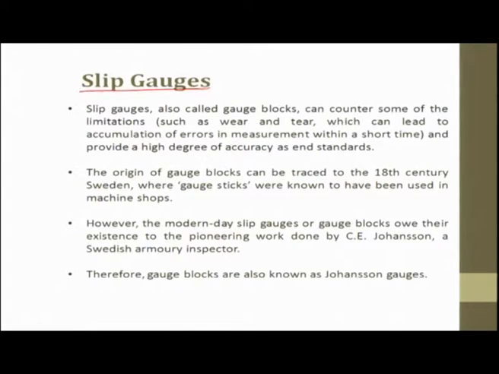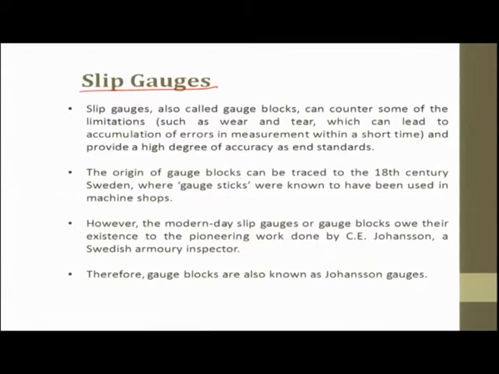Next, let us move on to slip gauges, also called gauge blocks, which can counter some of the limitations such as wear and tear, which can lead to the accumulation of errors in measurement within a short time. A slip gauge is basically an end measurement rather than a linear measurement.